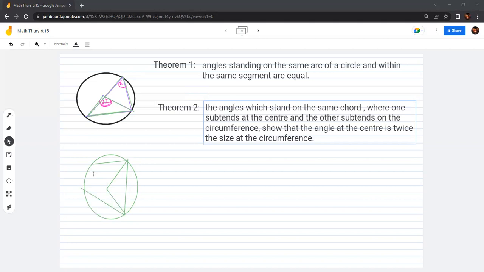Once it's subtended, one to the center, one to the circumference, the angle at the center is twice that at the circumference. So if this is 60 degrees, this one will be half of 60, which is 30. All right, so we're taking this one down as well.